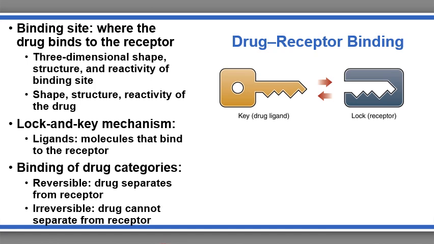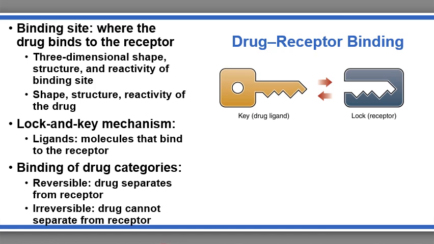At some point, that binding of the drug to its receptor could fall into one of two categories. You could have what's called reversible binding, and that occurs when the drug can separate from the cell receptor, like taking a key out of a lock, okay? Once the key comes out of the lock, the effect of the drug stops.